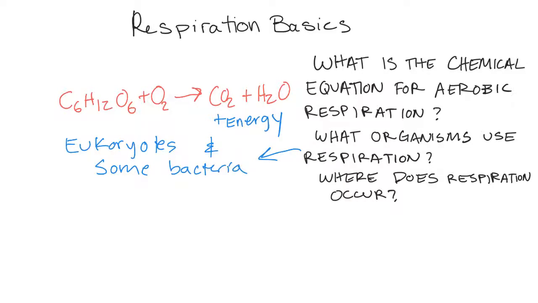So some bacteria are extremophiles, which means extreme loving. So these are bacteria that live in extreme environments such as hydrothermal vents or geysers, where the temperatures are really, really hot. And rather than using oxygen, they use a different chemical for their electron acceptor.